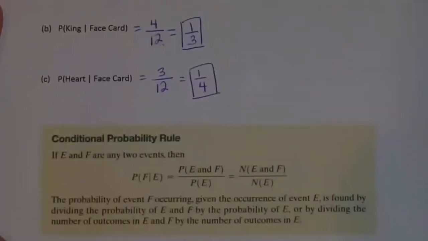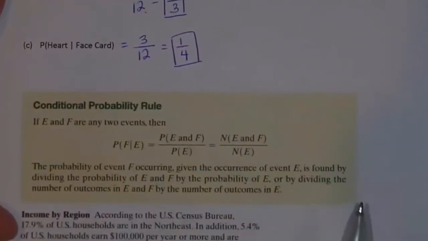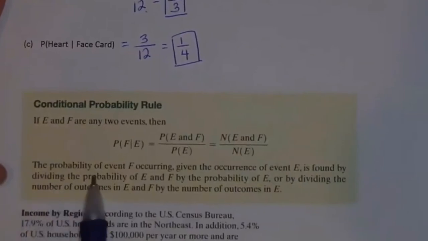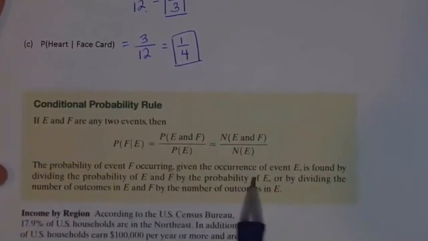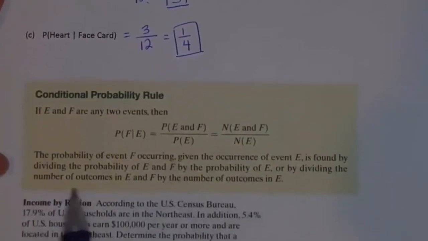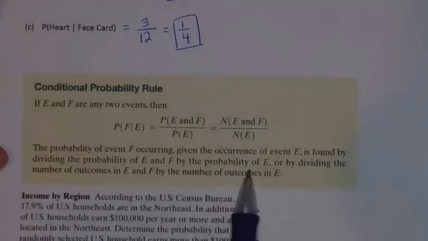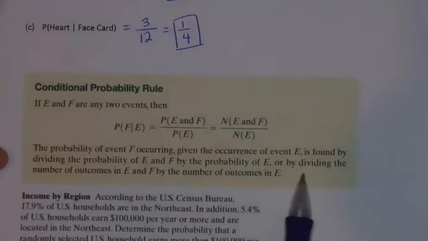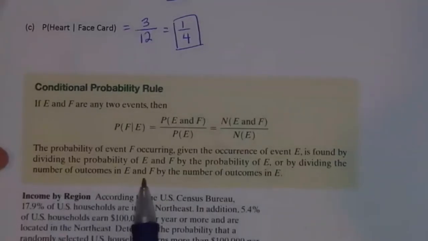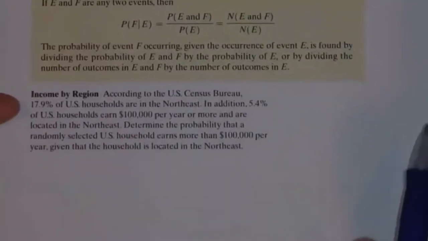So we've been figuring that conditional probability this way. So the probability of event F occurring, given the occurrence of event E, is found by dividing the probability of E and F by the probability of E, or by dividing the number of outcomes in E and F by the number of outcomes in E.